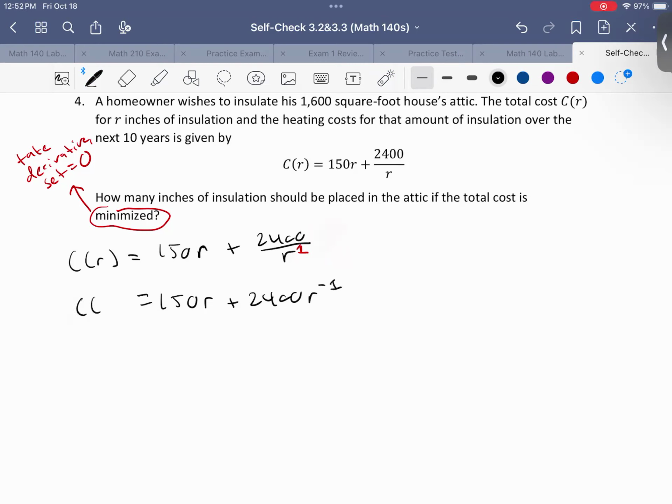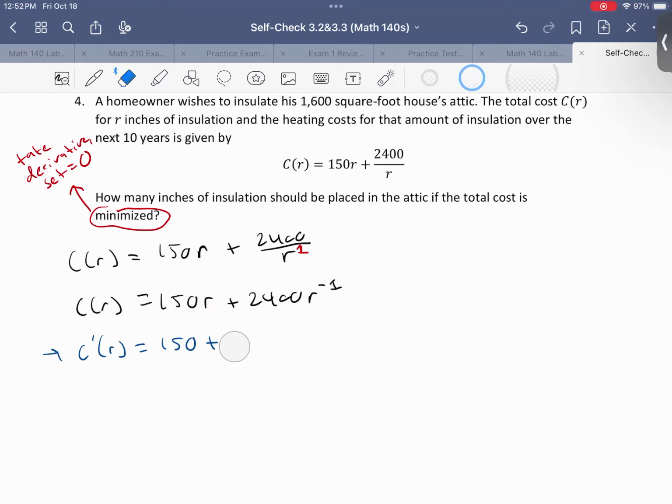Okay, so now I'm set up to take a derivative using the power rule for both of these. So that means C prime of R equals 150. The R just drops, right? And then I'm going to bring that guy down and subtract 1 from it. So this would be plus negative 2,400.